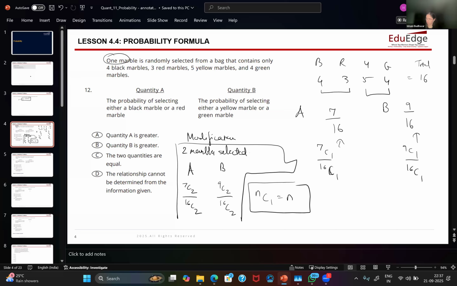Again, B would have been greater than A because N is higher than the N in A.